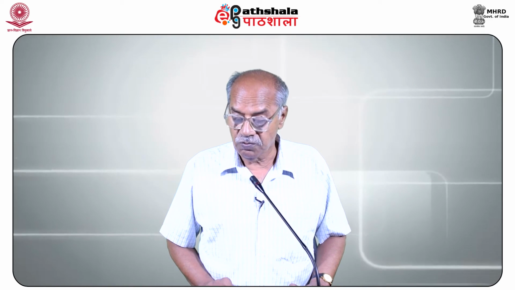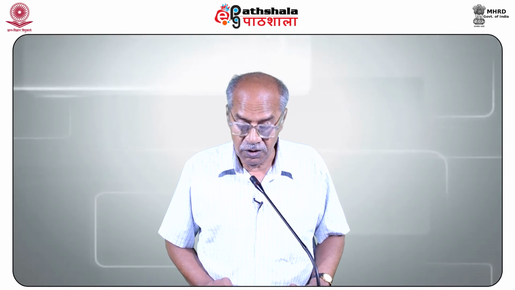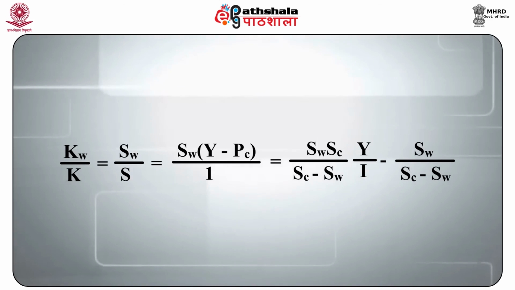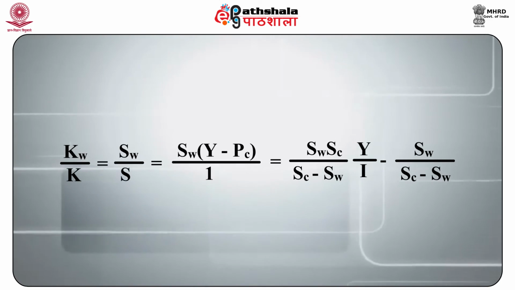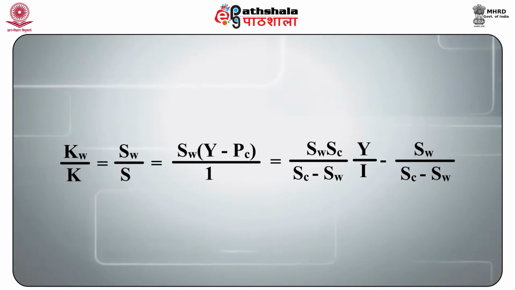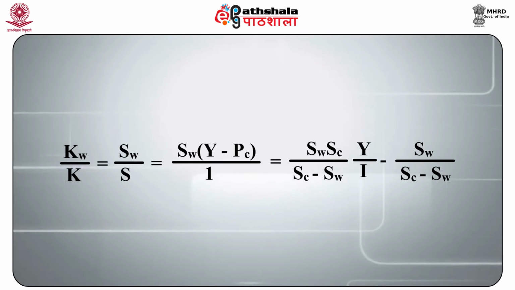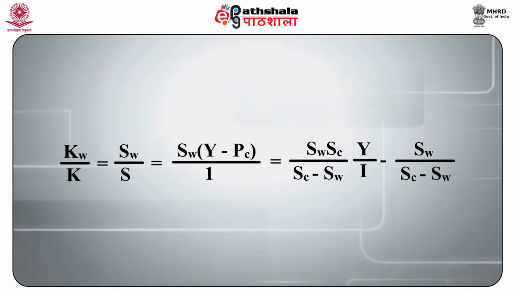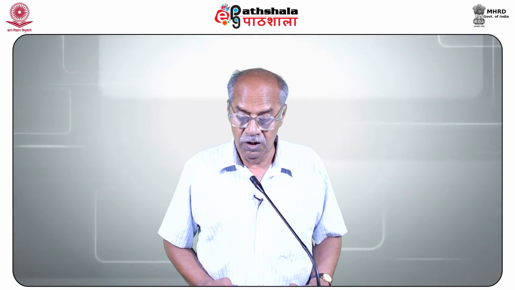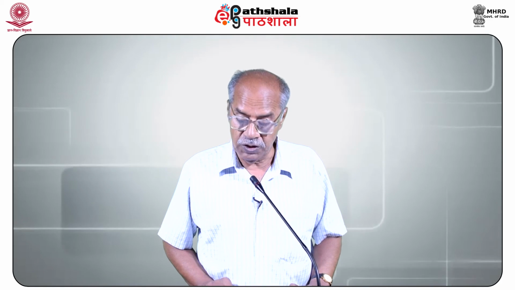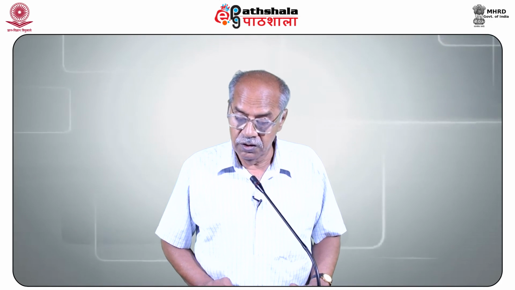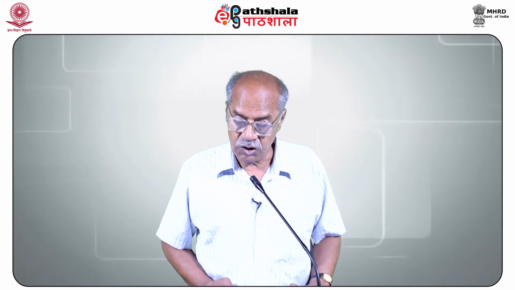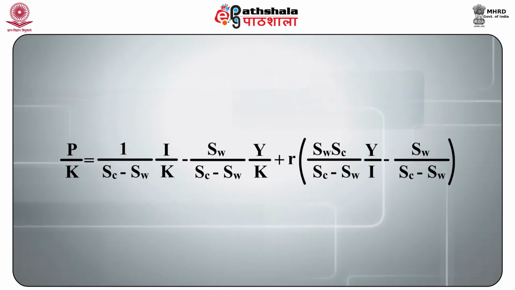This can be found from the given equation 13, where KW upon K is equal to sw times sc divided by sc minus sw, multiplied by Y upon I, minus sw upon sc minus sw. Substituting equation 13 into equation 12, we get equation 14.